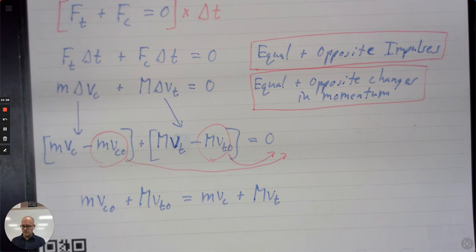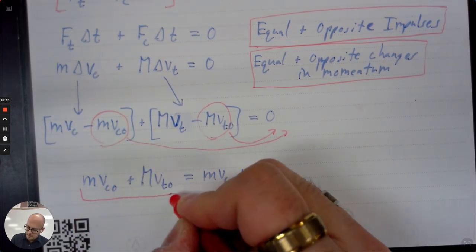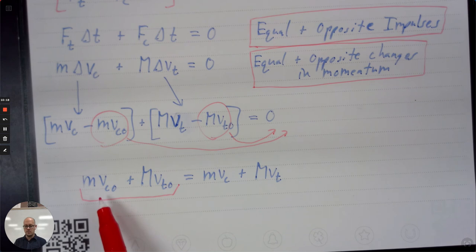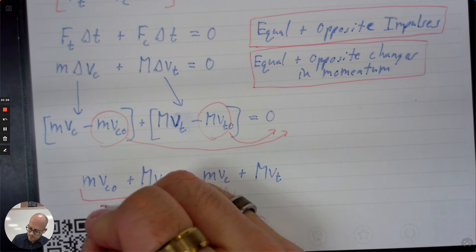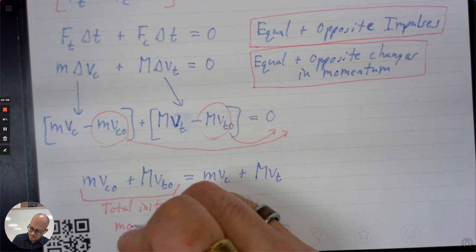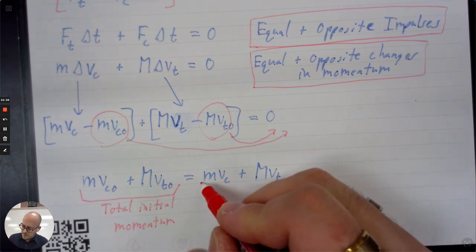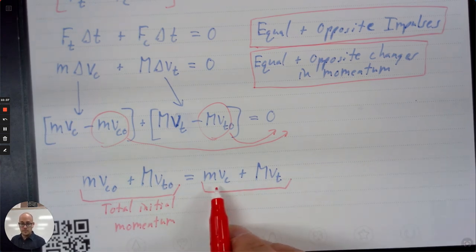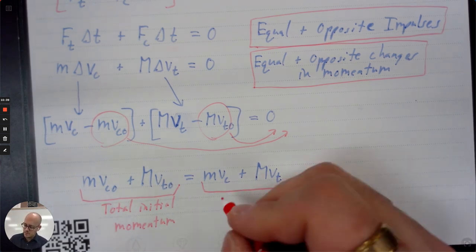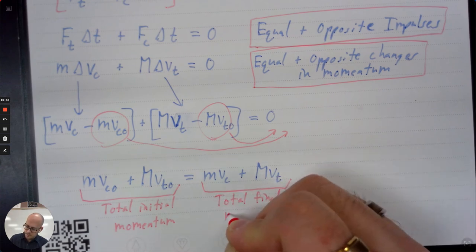This expression is a generic expression for conservation of momentum, and it holds something very important because this set of terms, this is the initial momentum of the car, this is the initial momentum of the truck, this therefore represents the total initial momentum of the system. On the other side, this is the final momentum of the car, and this is the final momentum of the truck. This therefore represents the total final momentum.